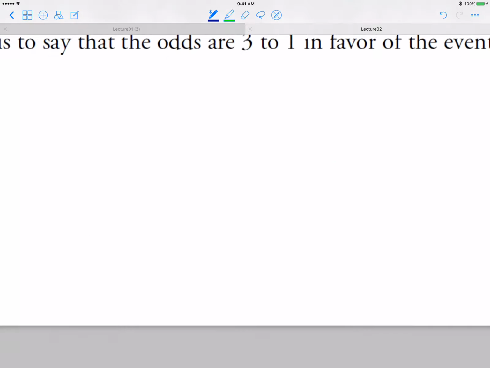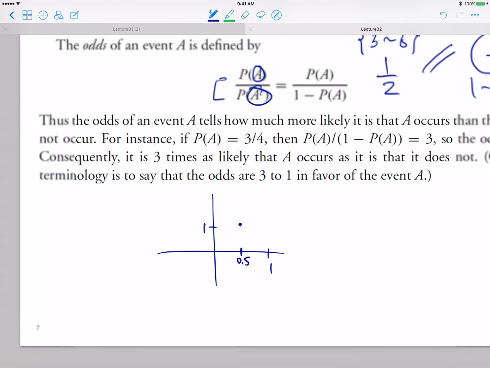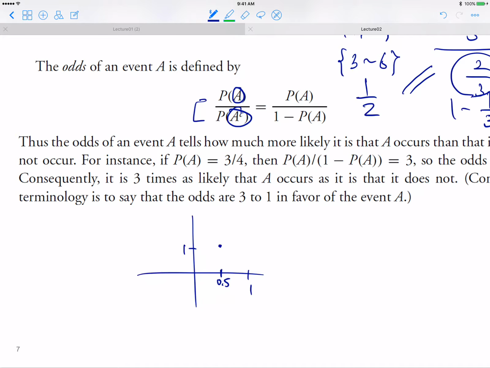So if we draw it, we have 1 here, and if the probability is 0.5, that's when the odds are what? 1. And as the probability gets closer to 1, the odds will be an infinite value. Okay? Then if it gets smaller and smaller, it will become like 0. Right? Yeah. So this is odds.